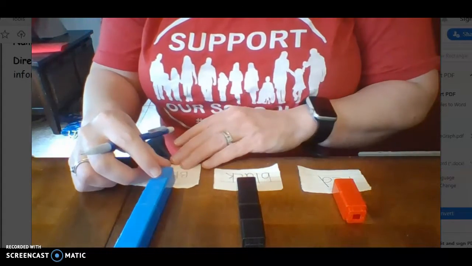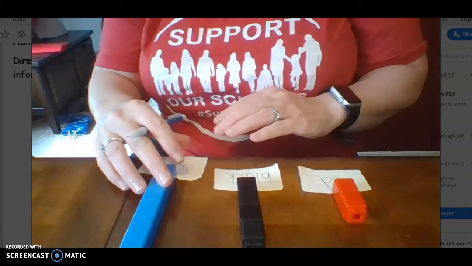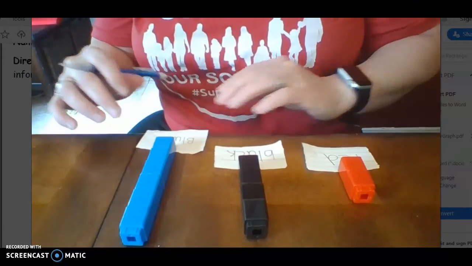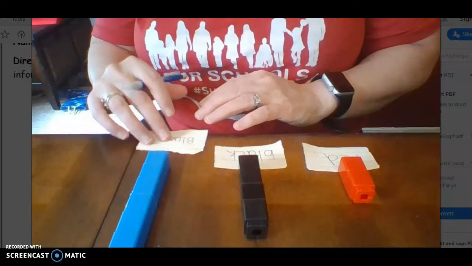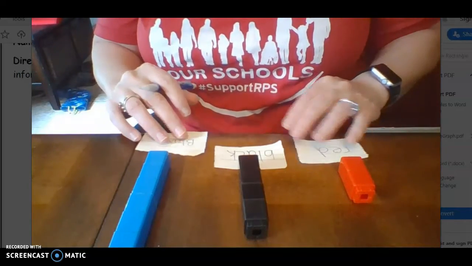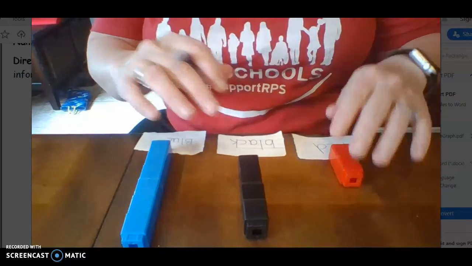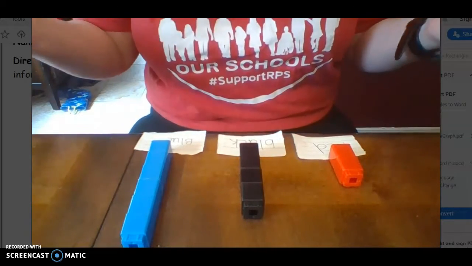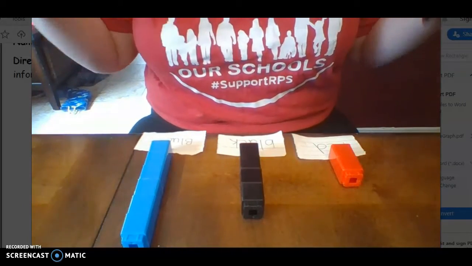Okay. Now, can you see all my sticks? There we go. All right. Now, can I move them all back so you can see them all? So now I can look and I don't even really have to count.